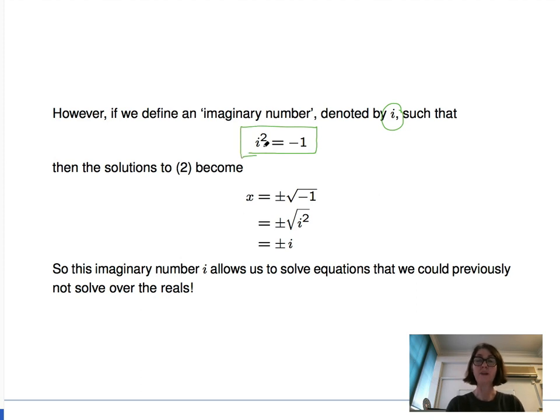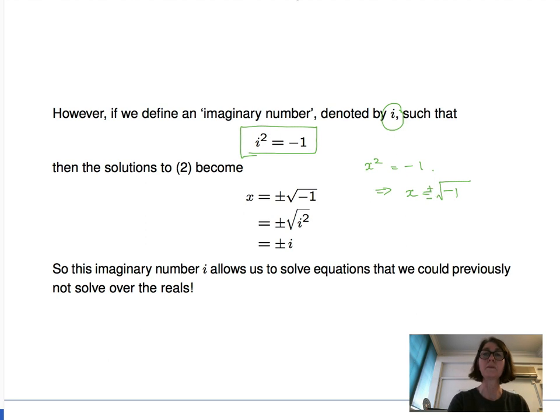So if we have that imaginary number now, then the solution to the previous equation looks like this. So we had x squared equals minus 1. And so when we rearrange this, we can take the square root of both sides, and we get x equals the square root of minus 1. And of course, we could have that as being plus or minus.